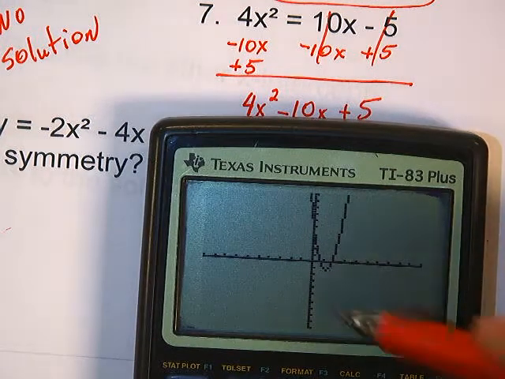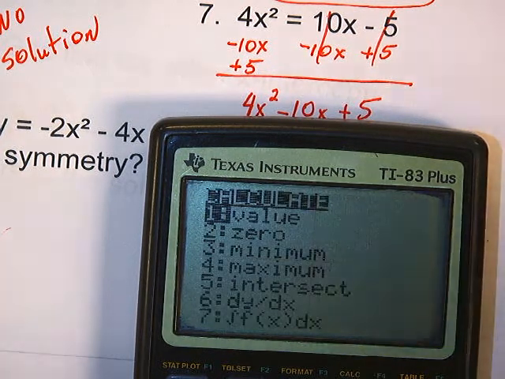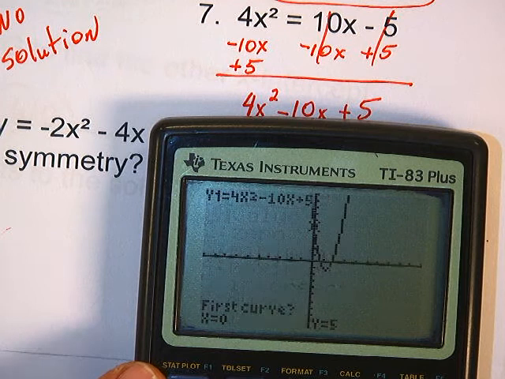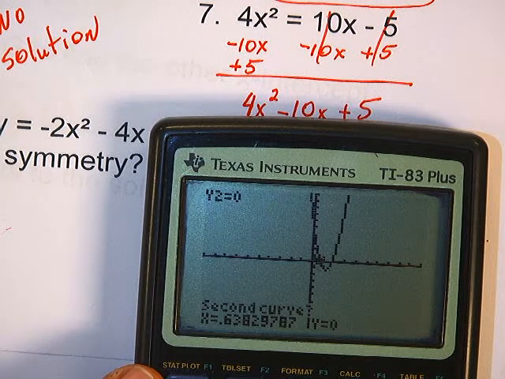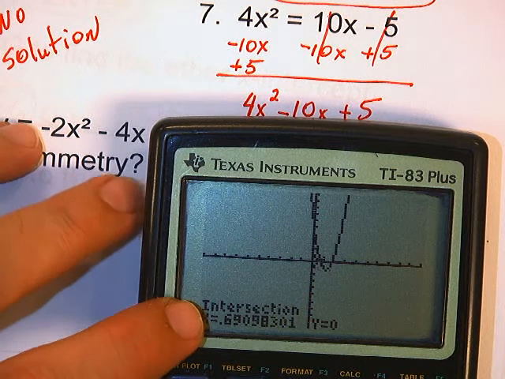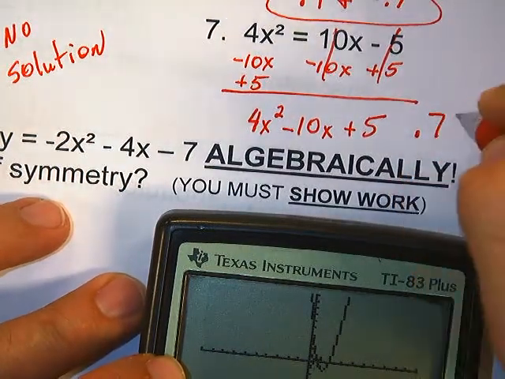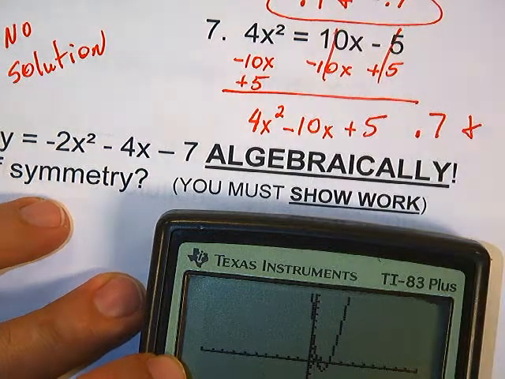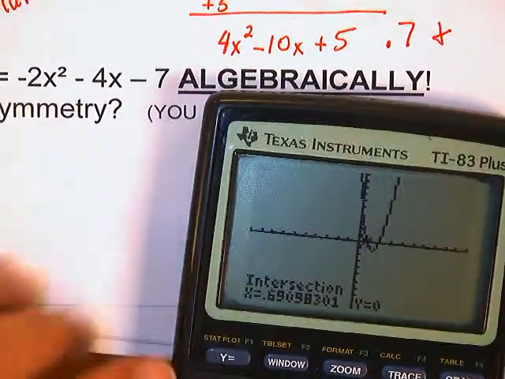Does it cross? Yes, it does. Let's find the intersections. Second calc, number 5. Move it close to one of them. Enter, enter, enter. First intersection is at 0.7, and if you'd have put 0.69, I'd have counted it right.